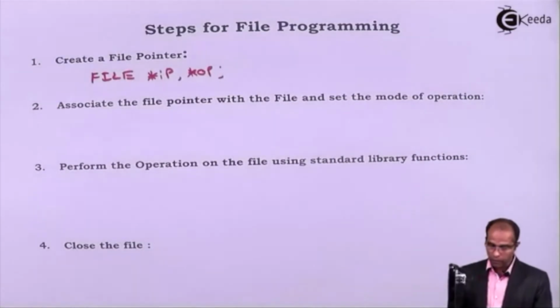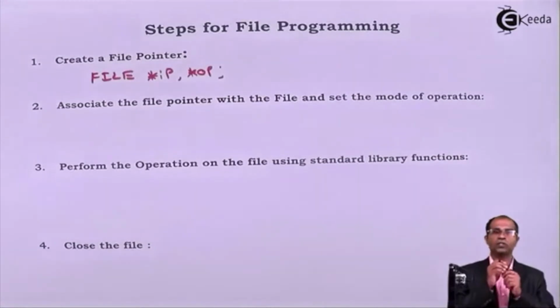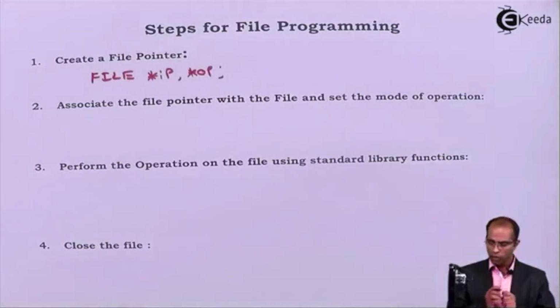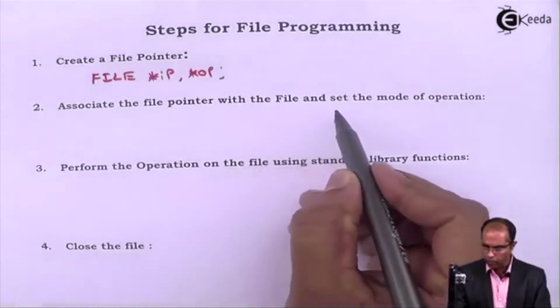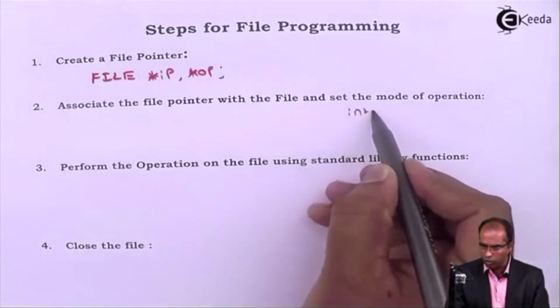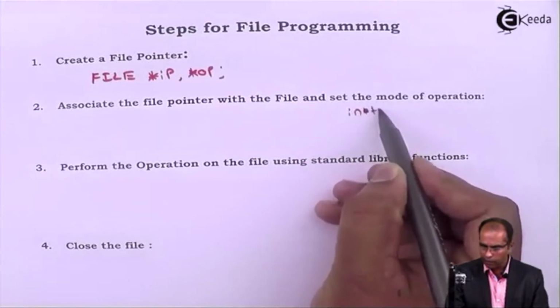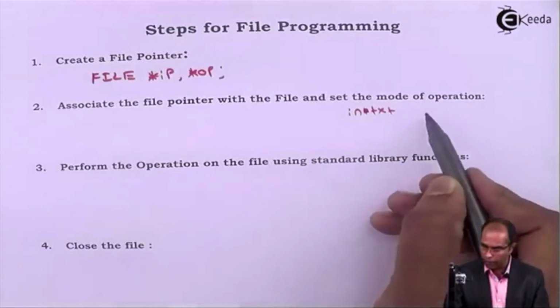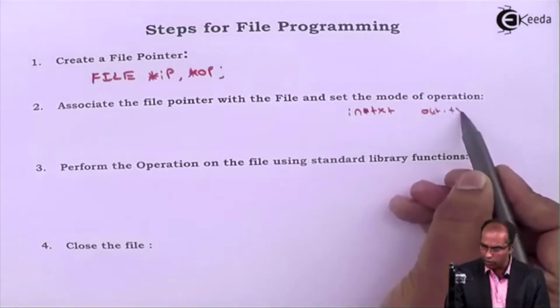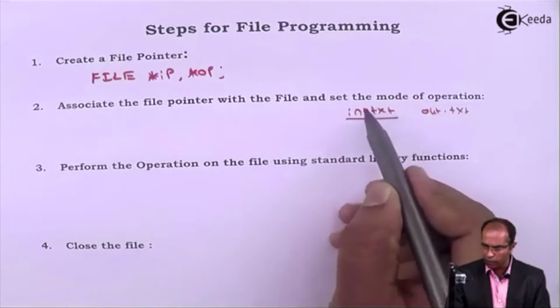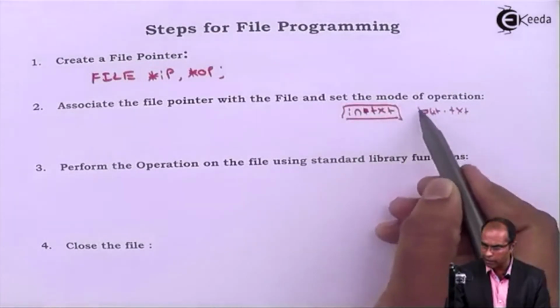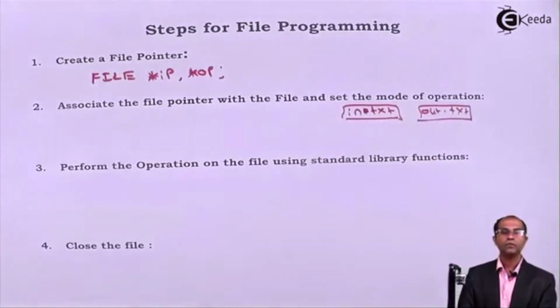Now, once the pointers have been created, each pointer has to be associated with some file. Assume that I have a file called in.txt and a file called out.txt.